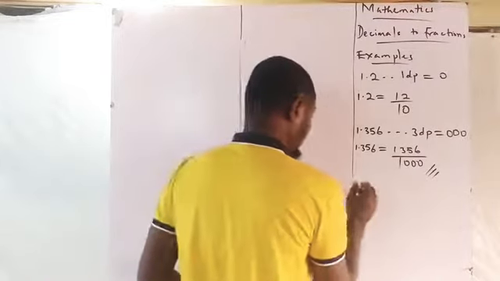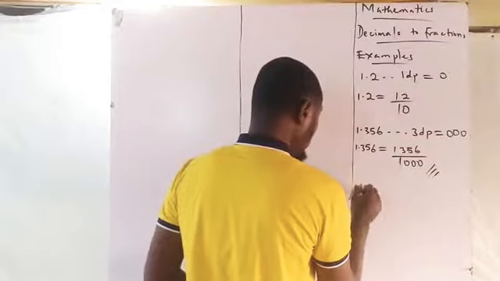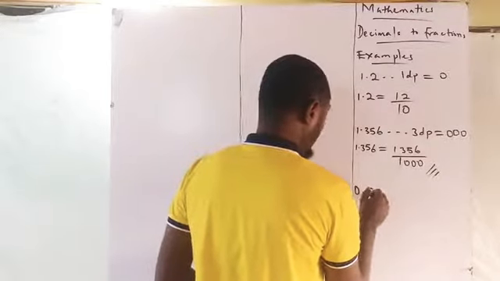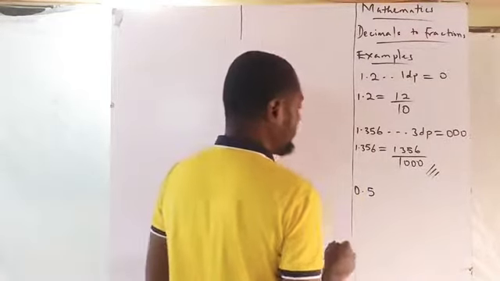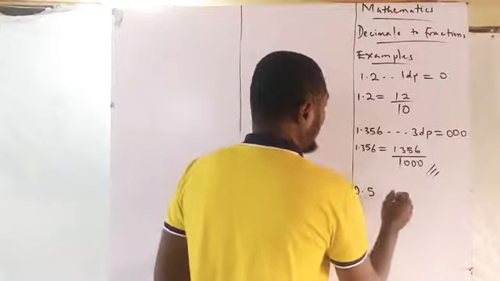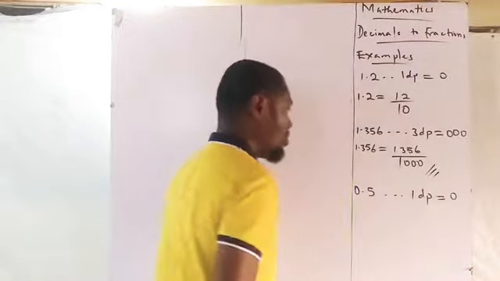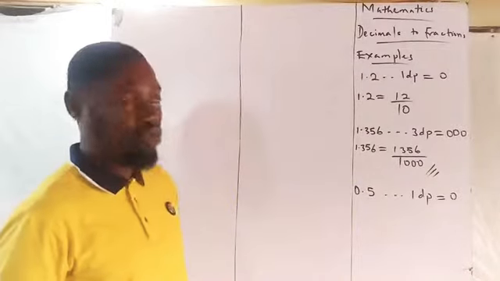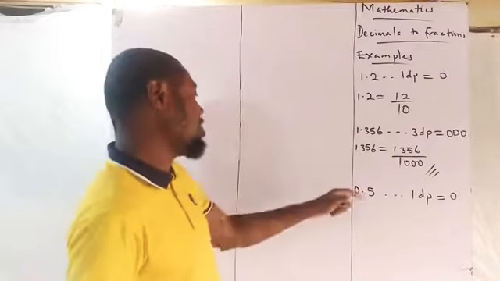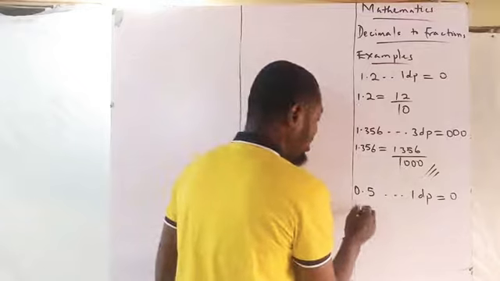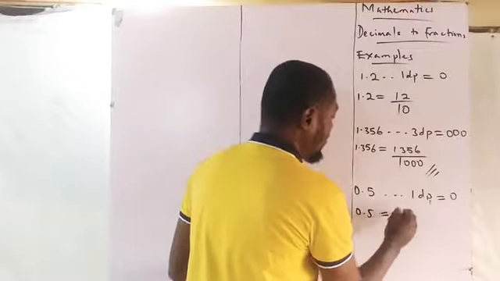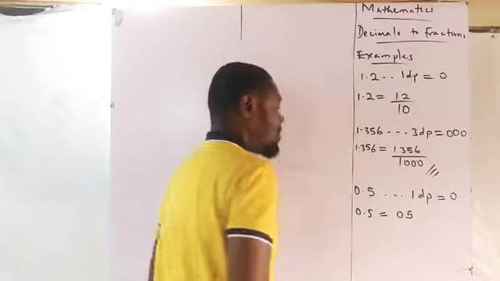Let's look at this: 0.5. 0.5 is a one decimal place number, which is the same as 10. I want to change 0.5 to a fraction. I'll write 0.5 without the point.